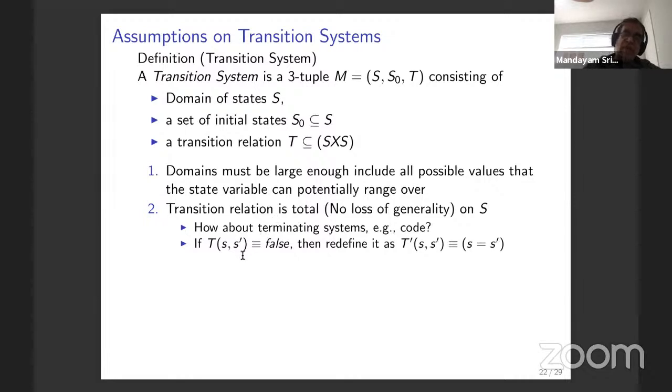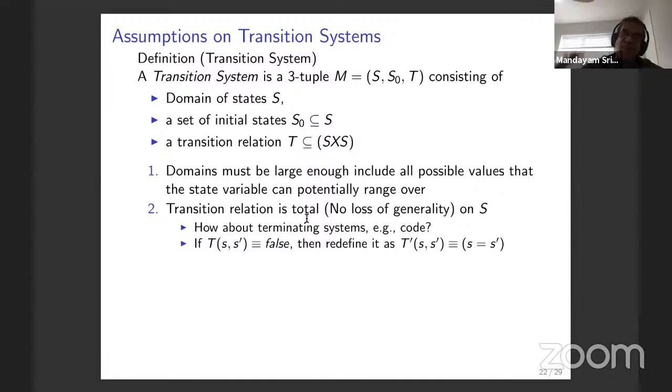Because if indeed there is no successor state, as in the case of a terminating state, you could pick a special state. Either you could say I'll continue to be in the same state, or you could pick some special state to which you go and then continue to be there. So you could encode that behavior using a total transition relation.